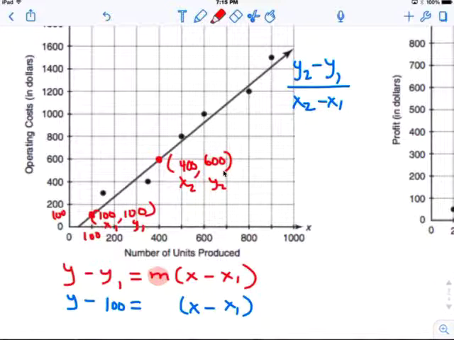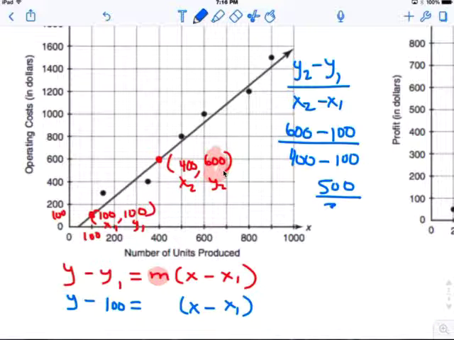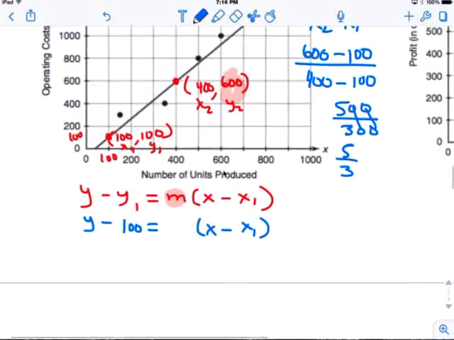Y sub 2, 600 minus 100 over 400 minus 100. So 500 over 300, basically 5 over 3. So the rate of change is 5 over 3. X sub 1 is 100 here.